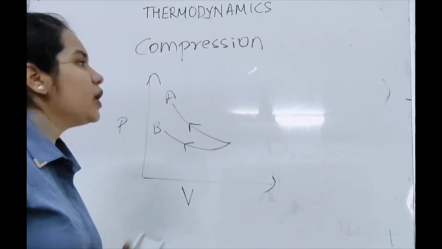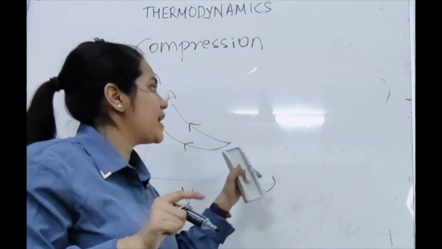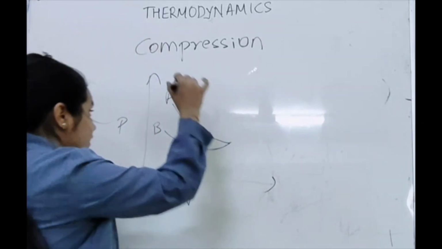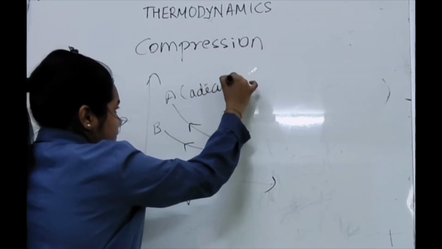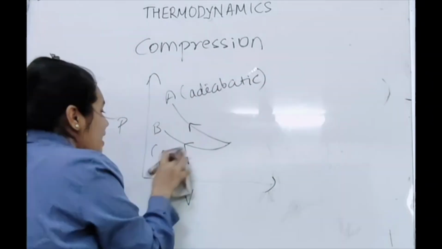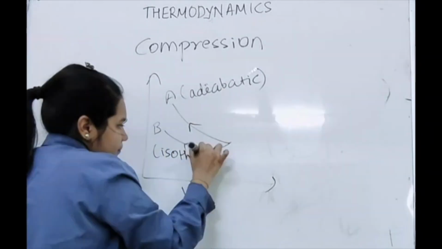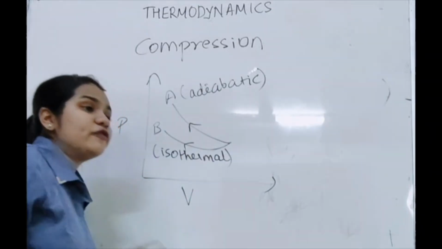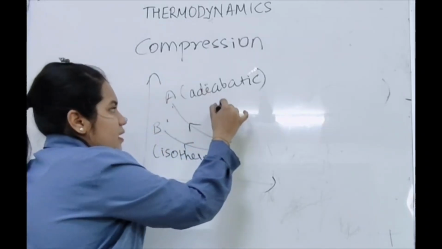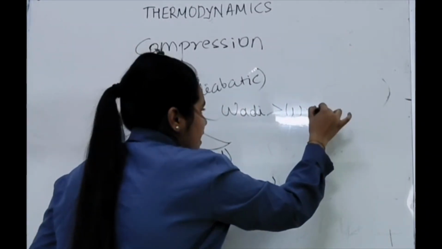In expansion, we know the curve at the bottom is the steeper one, but in compression, the curve at the top is the steeper one. More steep means this is adiabatic. B is compression. A is adiabatic and B is isothermal. Now, where is the work done more? In this case, the work done in adiabatic is greater than the work done in isothermal.